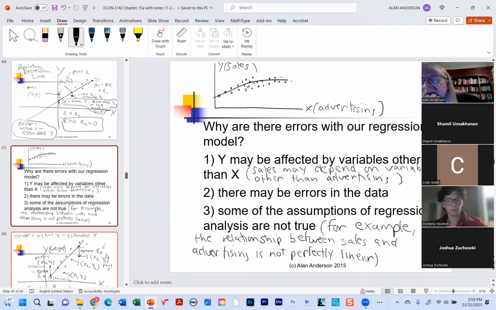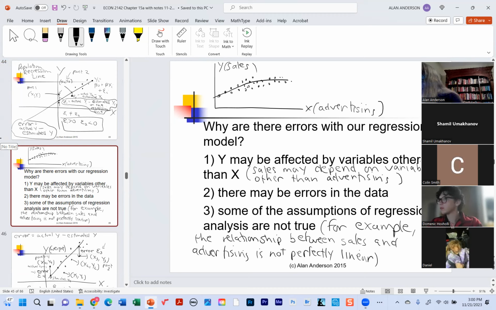Number two, there may be just plain errors in the data, meaning that whoever gathered the data made mistakes. And number three, what if the assumption of a linear relationship is not correct? This graph up here, I tried to show this.